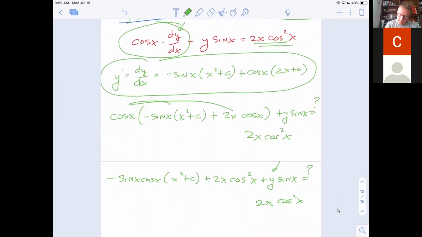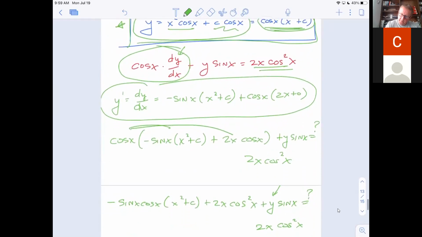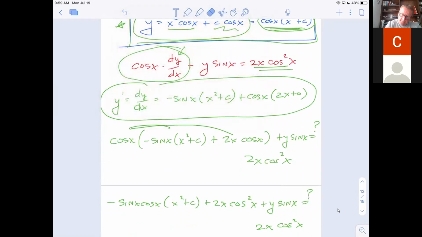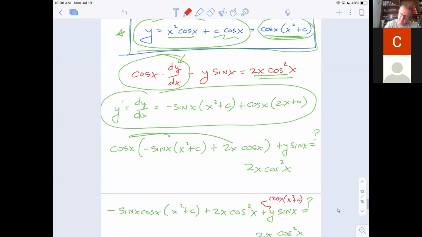So if I throw that in there, I'm going to write this in red. So y is equal to cosine of x times x squared plus c.